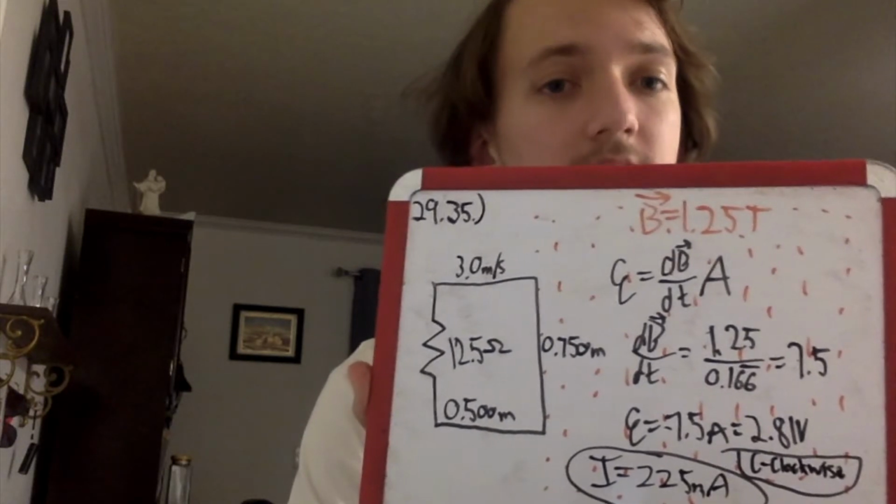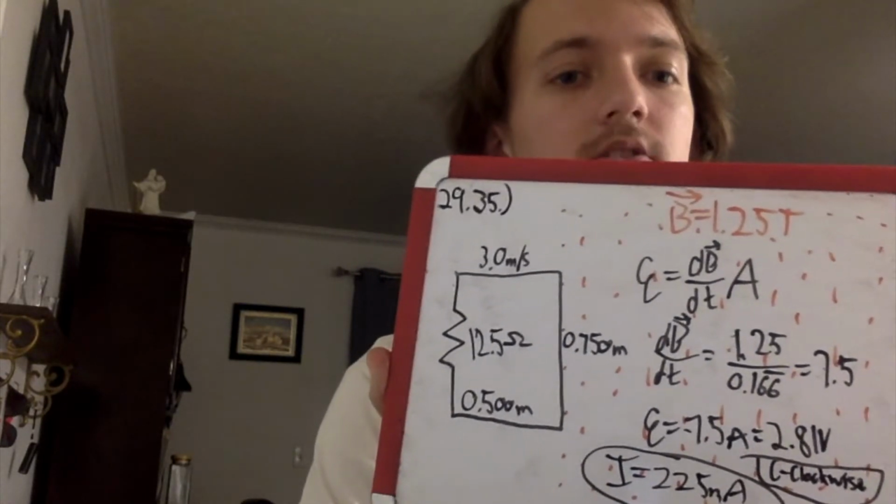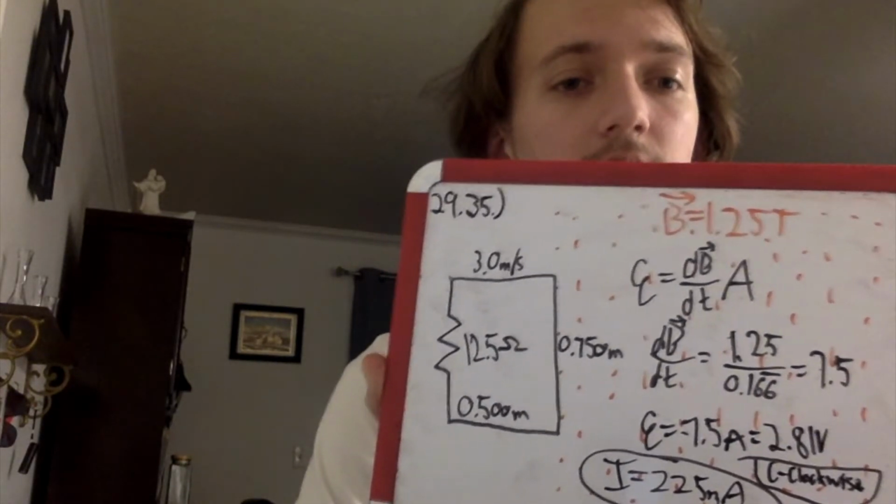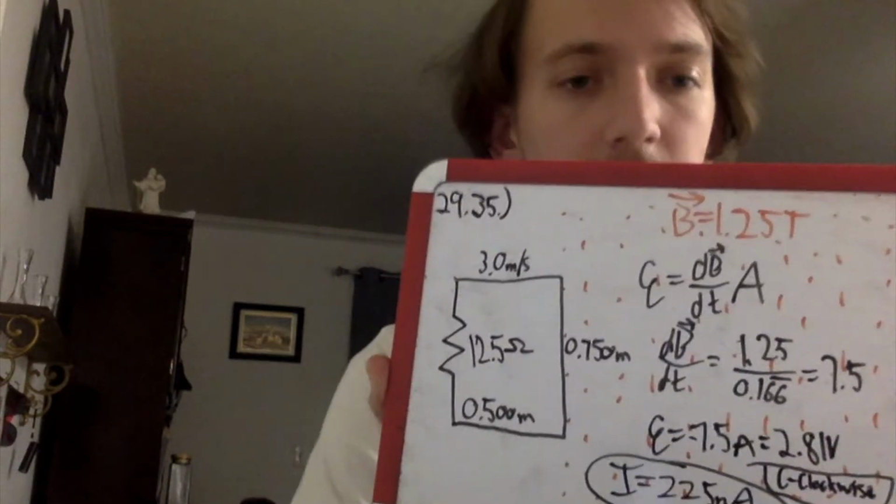Conveniently, that's actually the only math we need in order to draw the rest of our conclusions. Because part B asks us what the induced current is while the apparatus is entirely immersed in the magnetic field but still moving. Initially we can think, oh, we should use the equation for motional electromotive force.